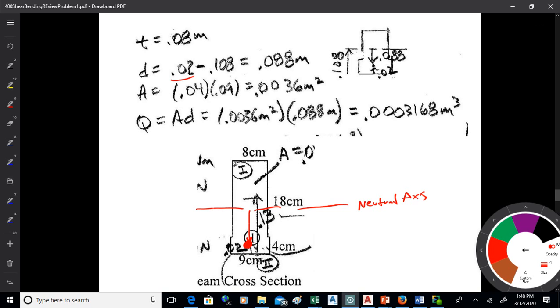And it's actually a negative here, not that it's a big deal, but usually you don't really use signs on this stuff too much when you're doing shear. Okay, and you multiply that by the area that would shear off, and that's where the 0.0003168 meters cubed comes from. Y'all okay with this bit? Okay, good, good, good to go.